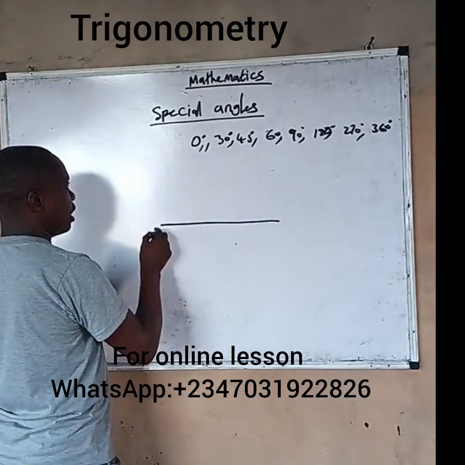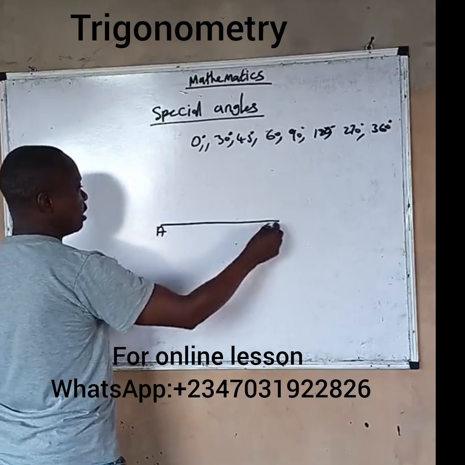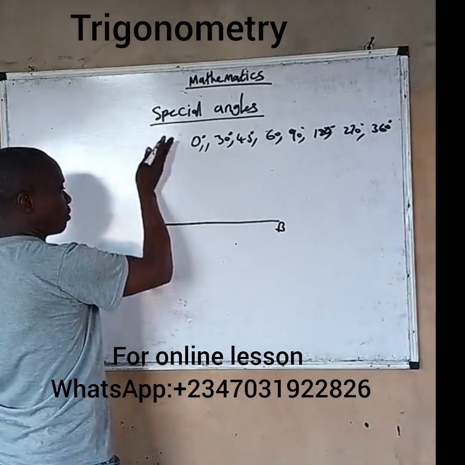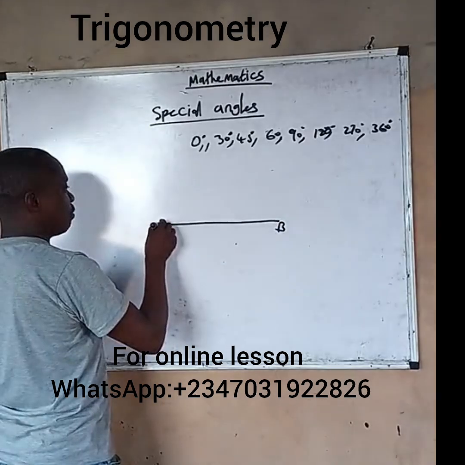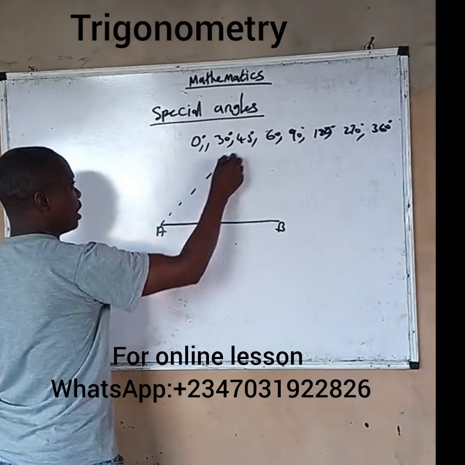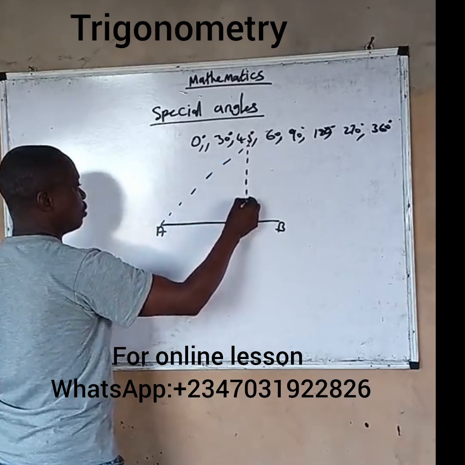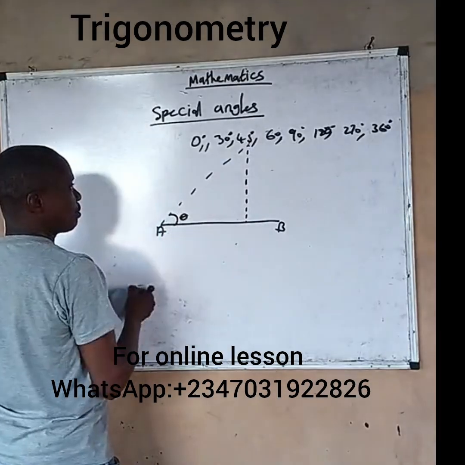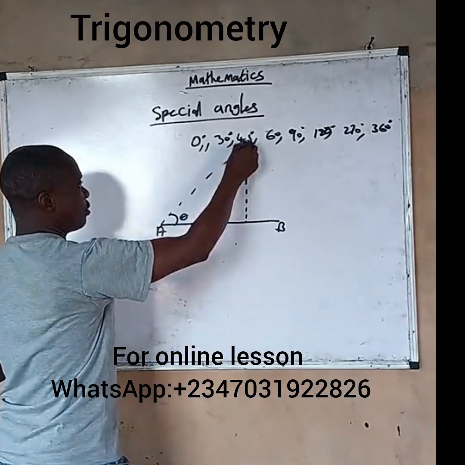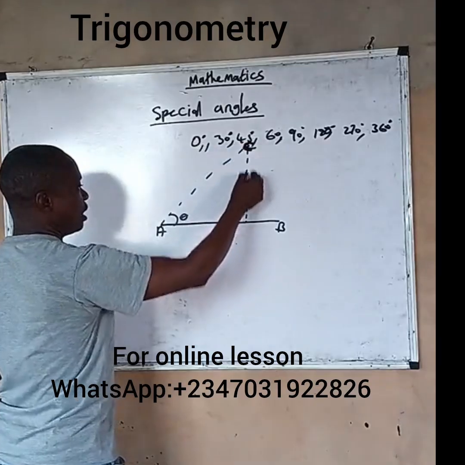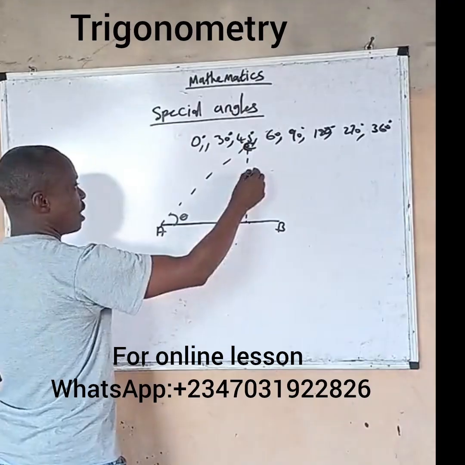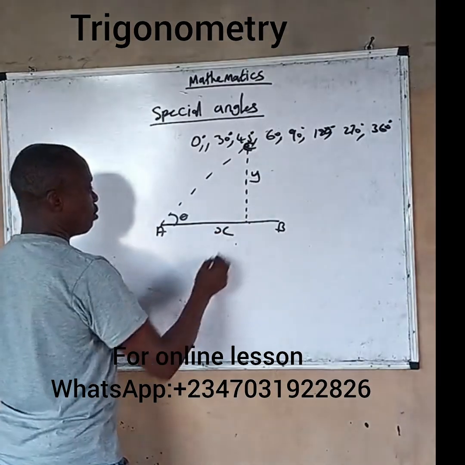If I have A and B here, another line will leave this place. As it's coming, it will form an angle here like this. This becomes the vertical component. Then here becomes theta. If I call here maybe C, here is the y component and here is the x component.